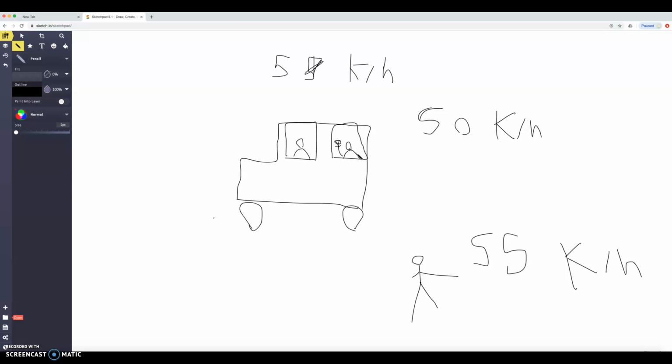But the people in the car would think the baseball is moving 5 kilometers an hour, because they feel like they're moving 0 kilometers an hour. But he thinks they are moving 50 kilometers an hour.